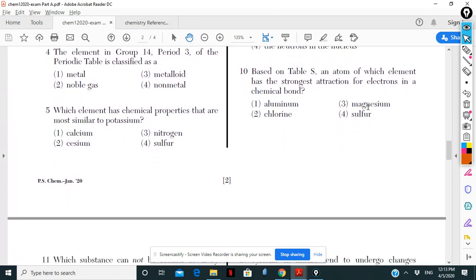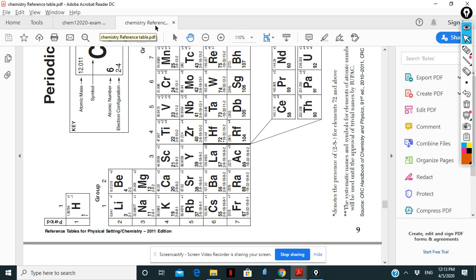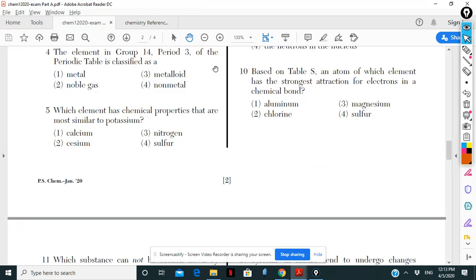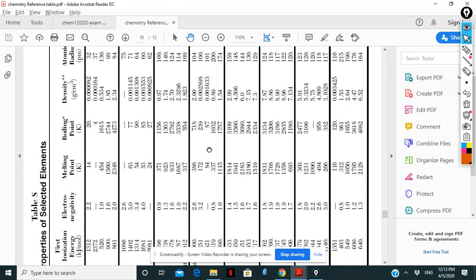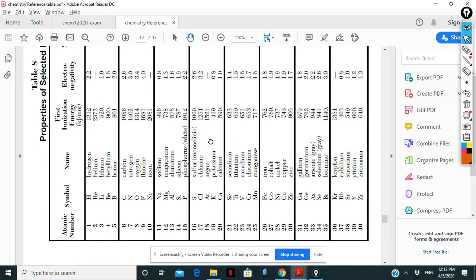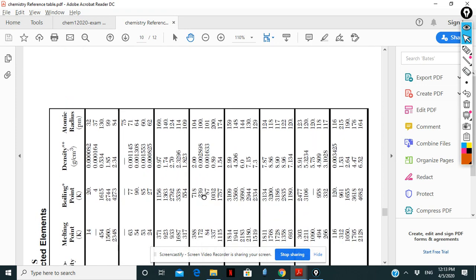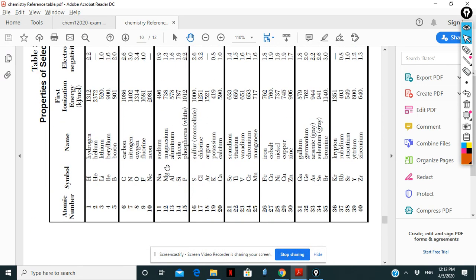According to Table S, an atom of which element has the strongest attraction for electrons in chemical bonds? So I'm going to Table S. Here is Table S, and he's giving me 4 elements. So I'm looking for their electronegativity. Aluminum is here.